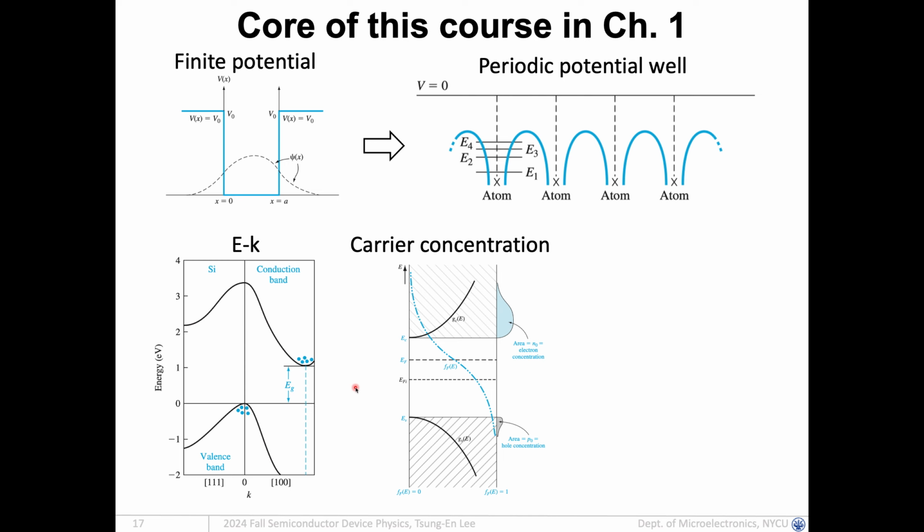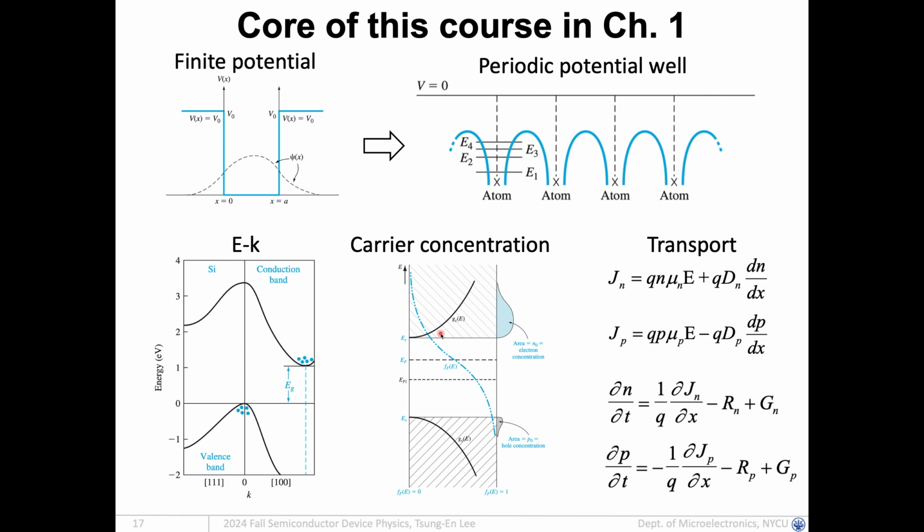And with this band diagram in the E-K diagram, what is the Fermi level, and how to extract the carrier concentration in the band diagram? What is the density of states, and so on.